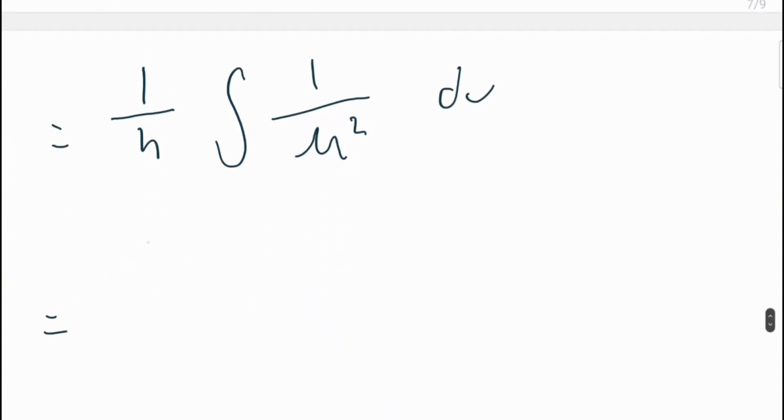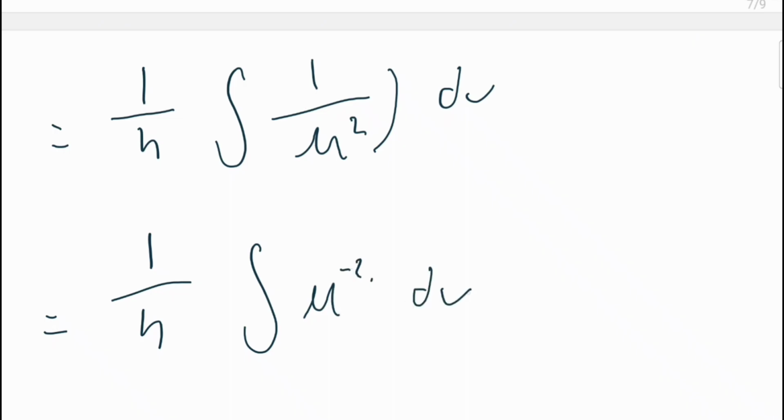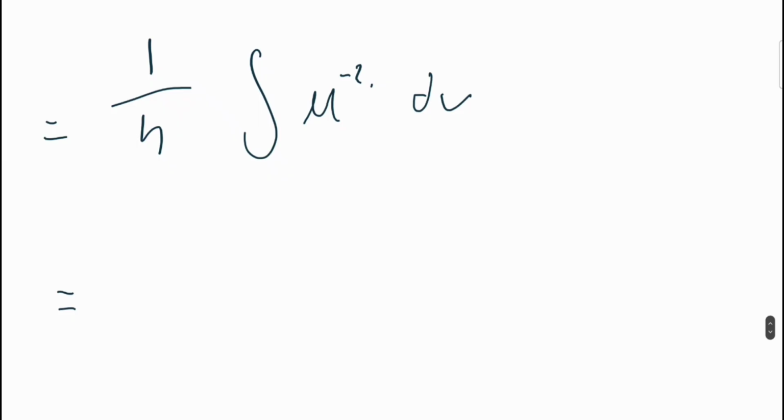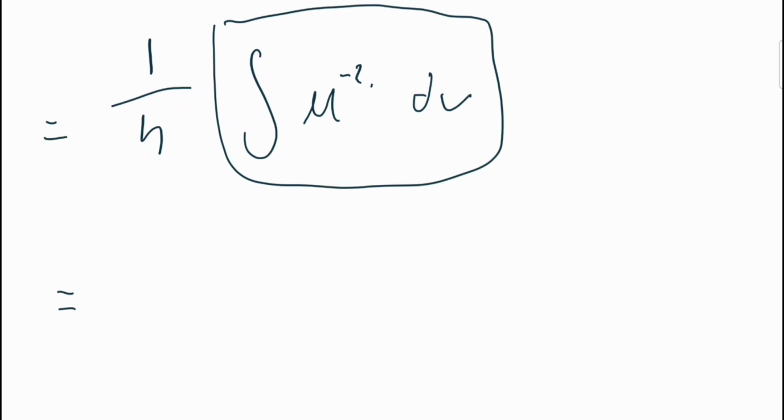So this is going to equal 1 over 4, and then we can move this u squared back up to the top and make it a negative exponent rather than a positive. So this is going to become u to the negative 2 du. Great. Now for the integral part of it, we can just apply our power rule, or the antiderivative. So say we have x to the n.